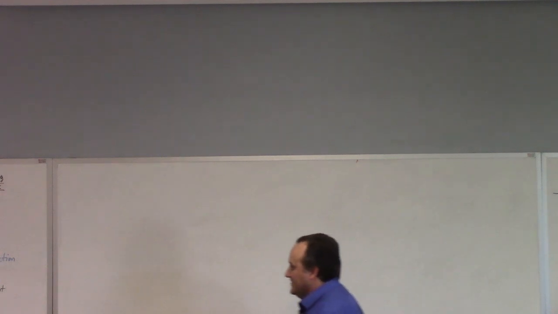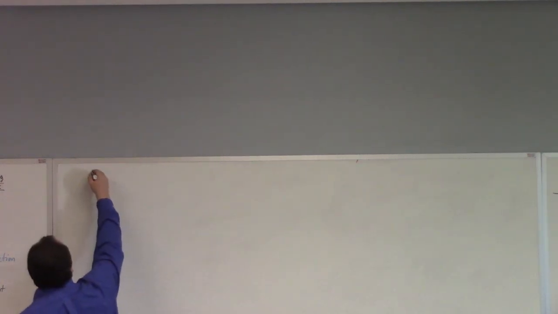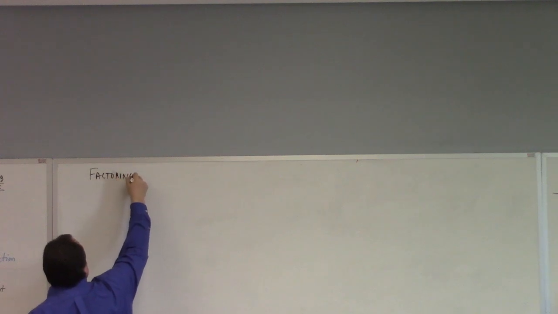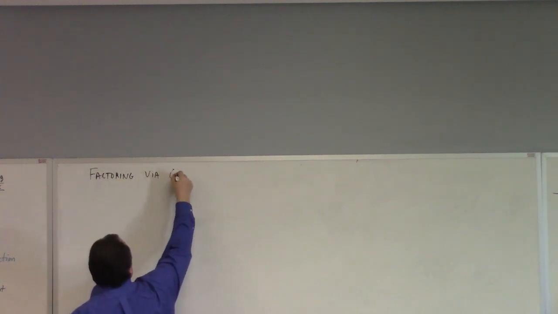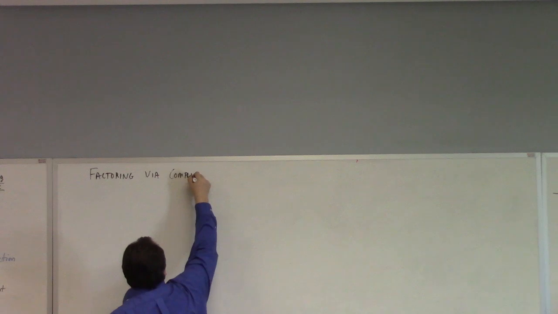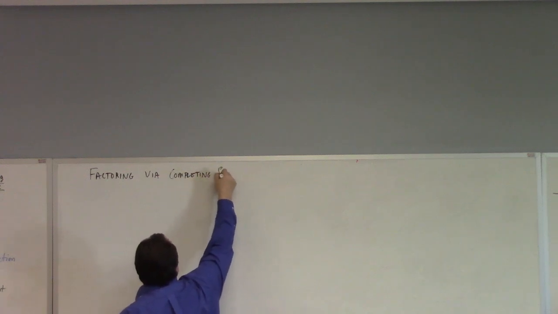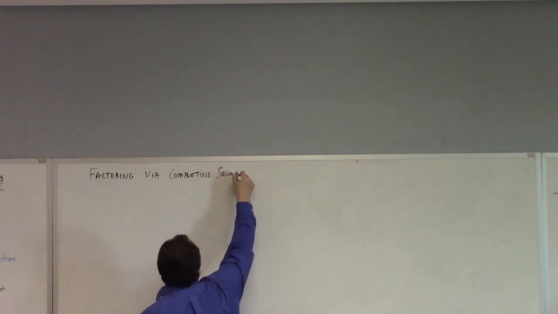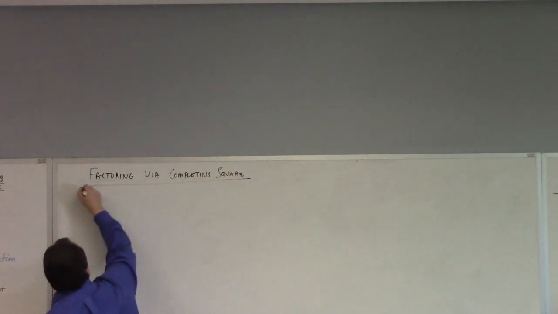What if it's ugly? What do we do? There's no need to be stuck. So, factoring via completing the square. This is a tool which will factor anything.